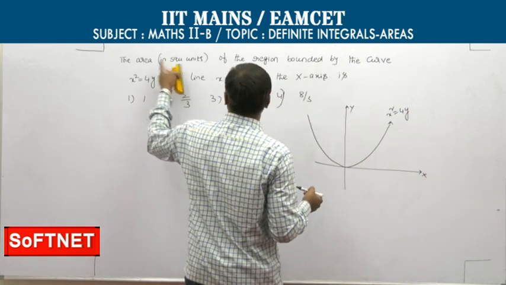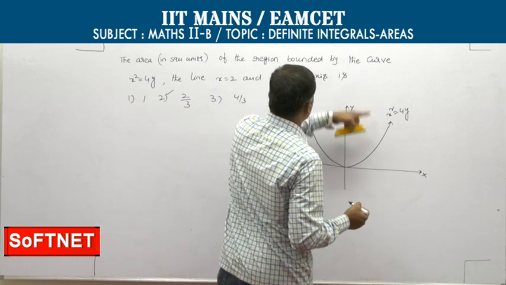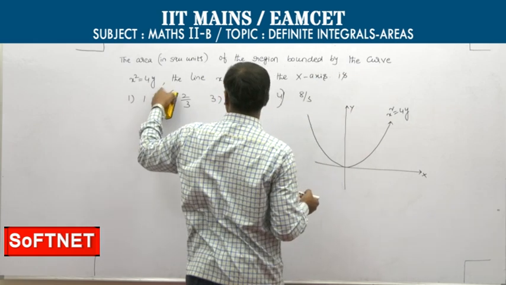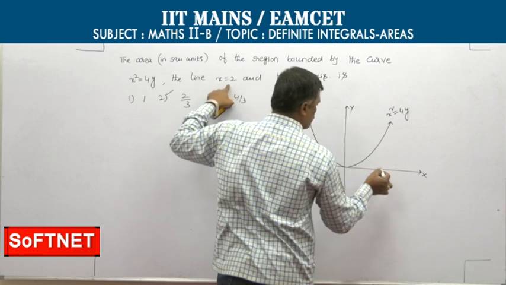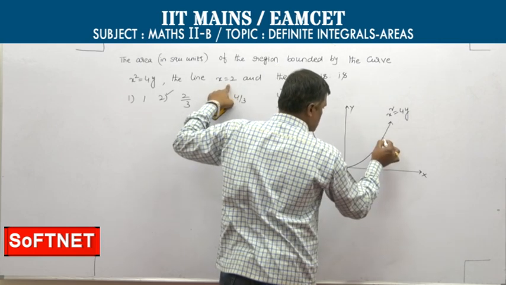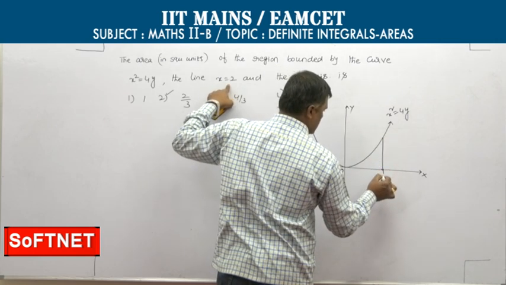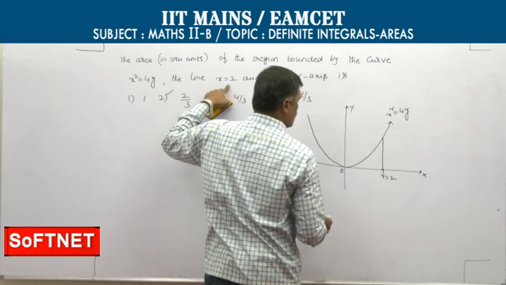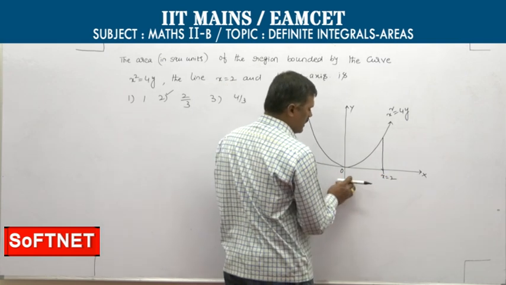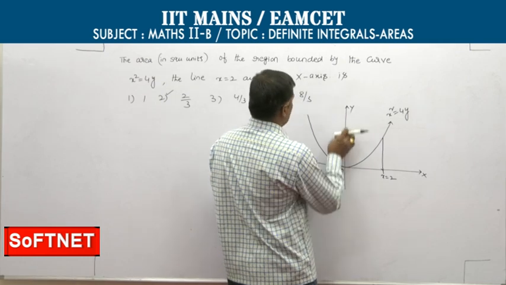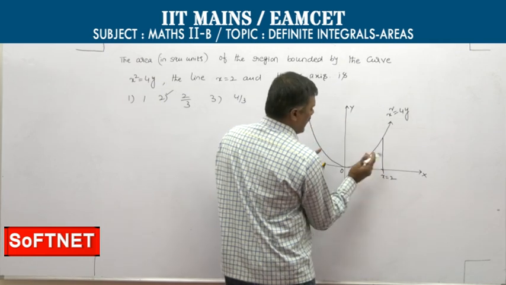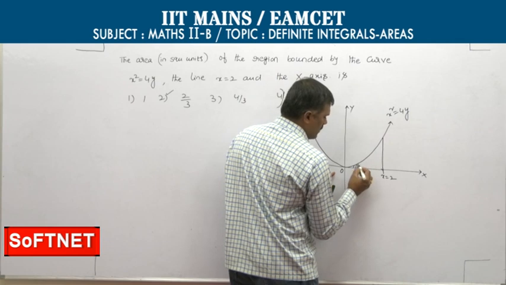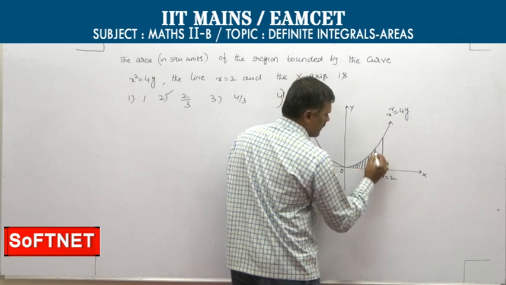The area of the region bounded by this curve x square equal to 4y, the line x is equal to 2 which is parallel to y-axis, this is x is equal to 2. Area formed with y-axis, the x-axis and the line, this is the required area.